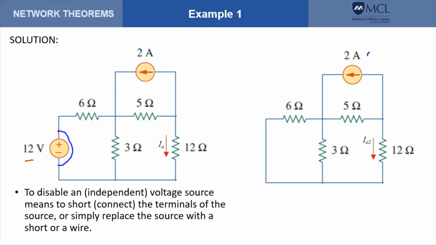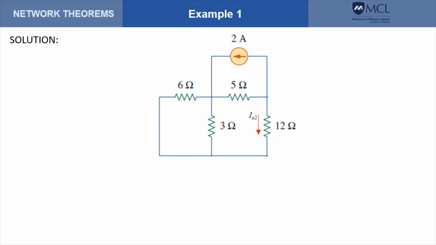So how are we going to compute for this current? Here it is again, and to determine this current, first we need to observe if there are parts of the circuit that we can simplify, and we do have some parts that we can combine, and that is the 6 ohms and the 3 ohms.